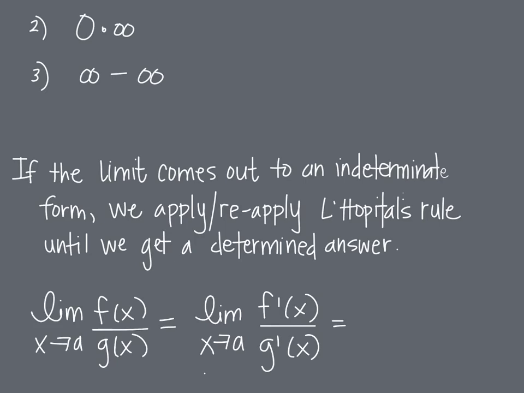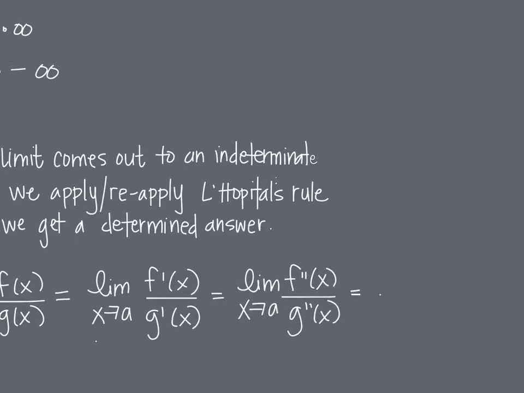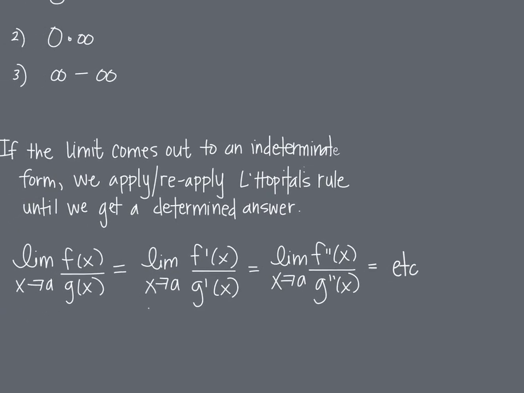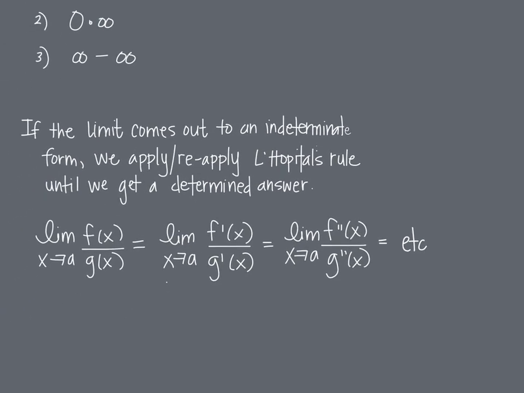And if that's still indeterminate, then that would equal the limit as x approaches a of f double prime of x over g double prime of x. And if that's still indeterminate, it just keeps going. Assuming that you started with an indeterminate, right? This does not apply if the first time you do it, it's not indeterminate. Okay, so we have to assume that that value is indeterminate to begin with.